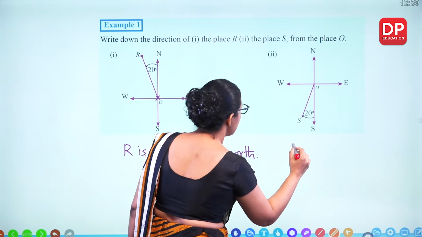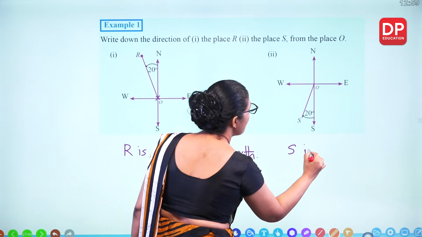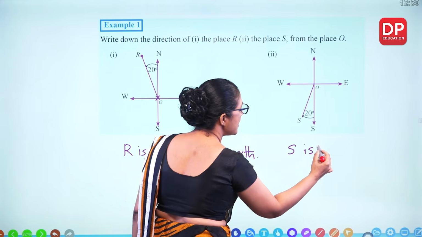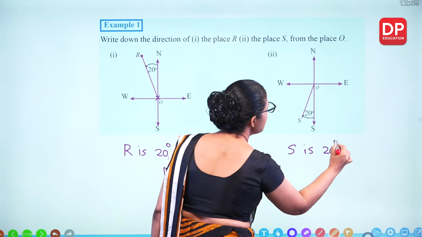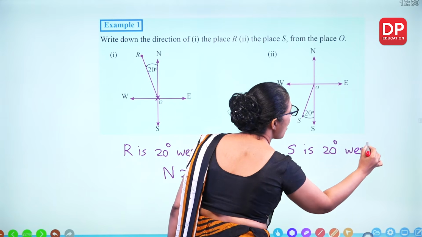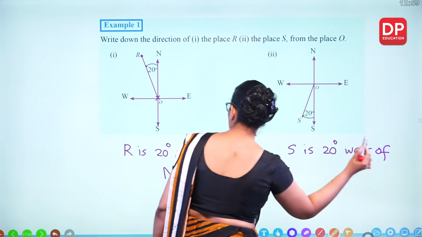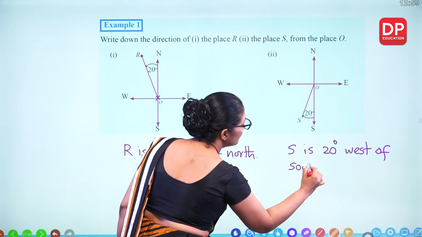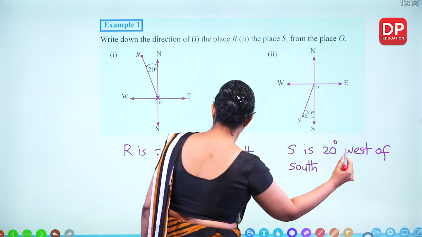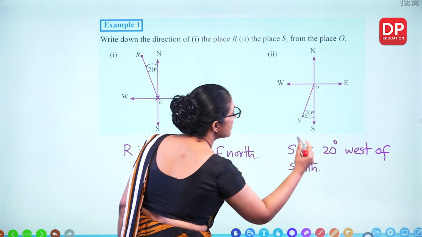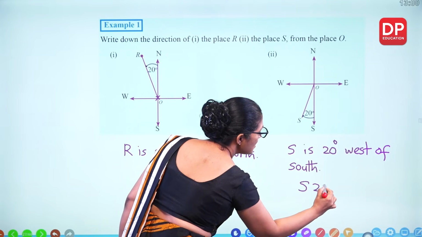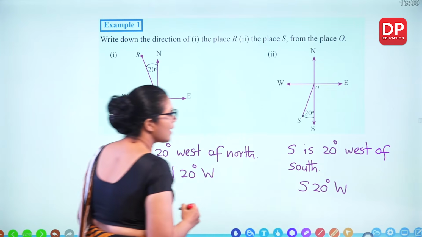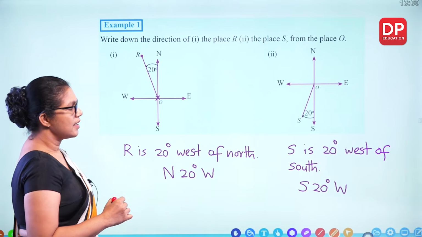So you can write S is 20 degrees west of south. How can I write this? South 20 degrees and west. S20W.